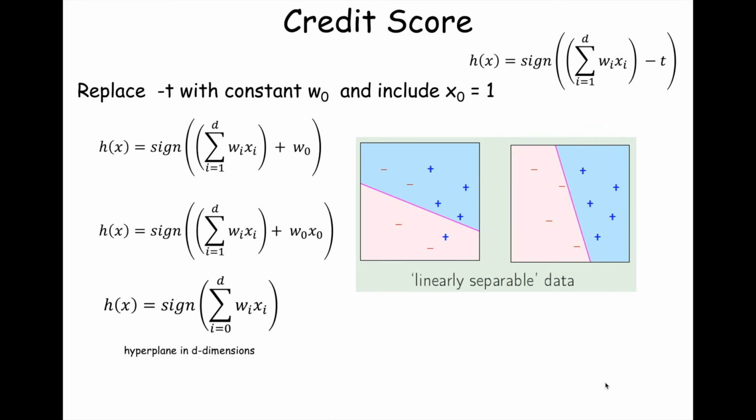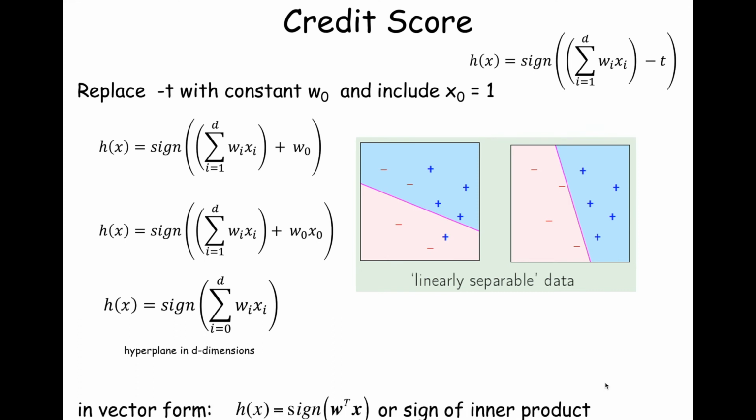Okay, so we do that, and now this computation just becomes sine, which is the sign function, is it positive or negative, of this w transpose, which is the weight vector augmented with a w naught, w transpose times x, where x is the original input feature vector augmented with the x naught, which is fixed to 1.